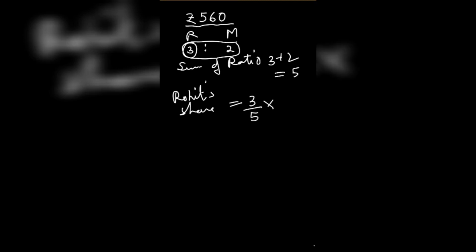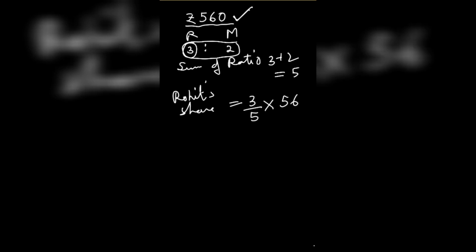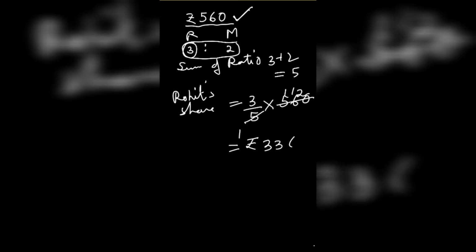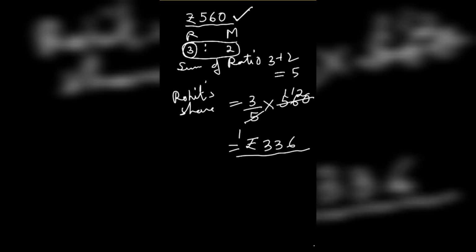Now the total money is rupees 560. So if I cancel, 5 ones are 5, 5 1s are 1 1 2, 3 into 112 is rupees 336. So Rohit gets how much? 336.